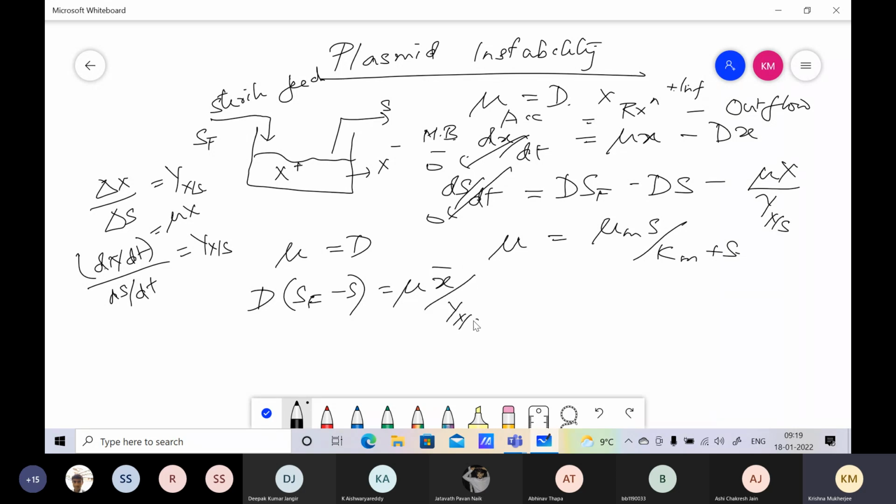This reduces to the fact that mu and D can be cancelled out, and so you can write Y_x/s (sf minus s bar) is equal to x bar. Now this equation is very obvious because sf is the feed, s is the remaining, and sf minus s is the amount of substrate consumed. So if the biomass is 0 here and x here, this is the amount of biomass produced, x minus 0.